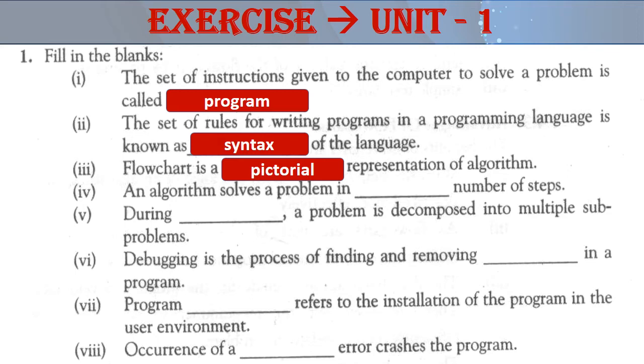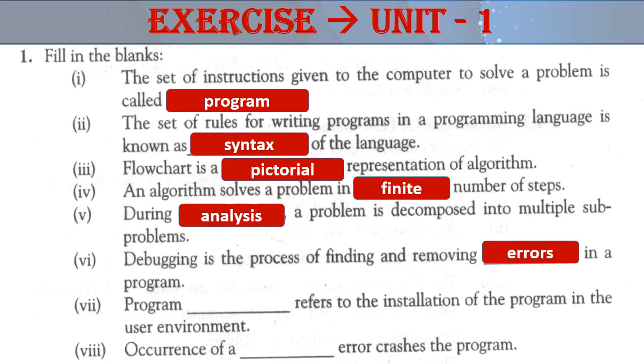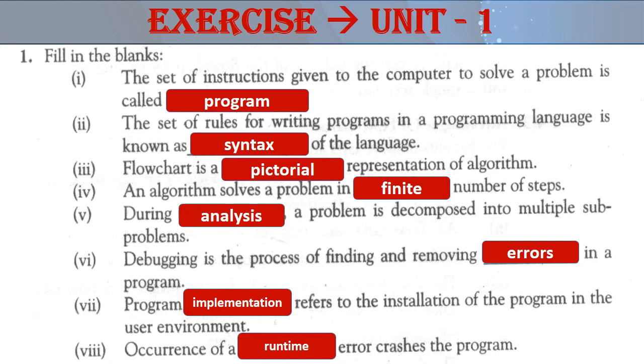An algorithm solves a problem in finite number of steps. During analysis, a problem is decomposed into multiple subproblems. Debugging is the process of finding and removing errors in a program. Program implementation refers to the installation of the program in the user environment. Occurrence of runtime error crashes the program.